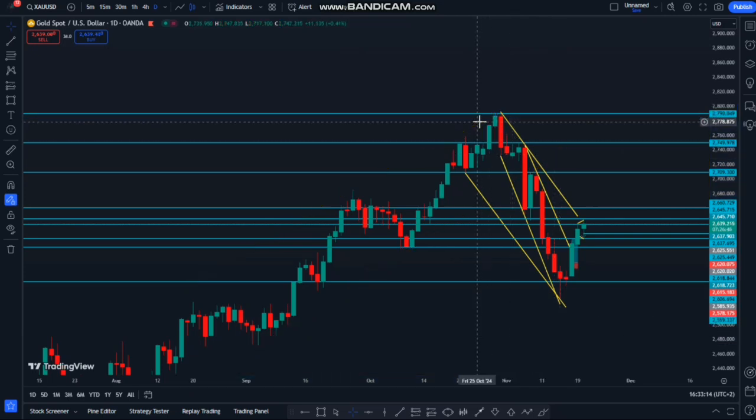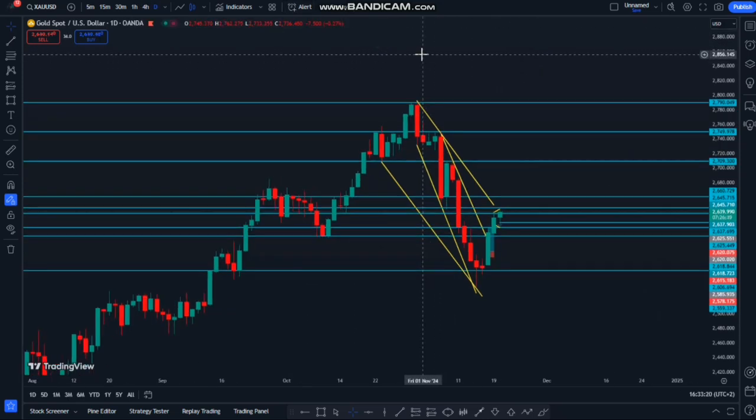As for me, guys, I use 4 hour time frame to get the market direction, because I'm a day trader, so I need to understand the market direction according to the 4 hour time frame. To execute trades, I need to identify the market structure in the 4 hour time frame.